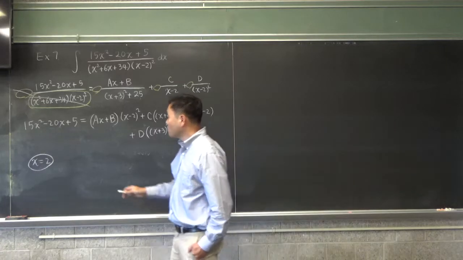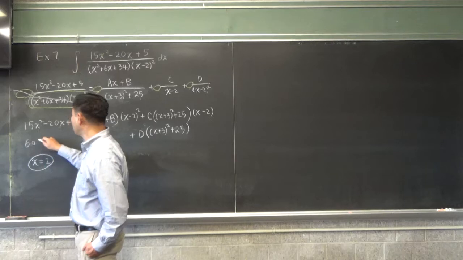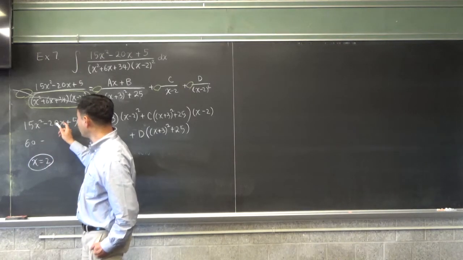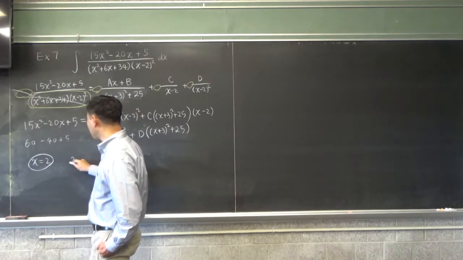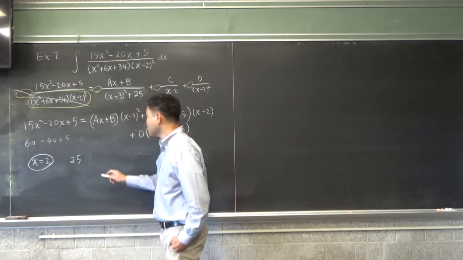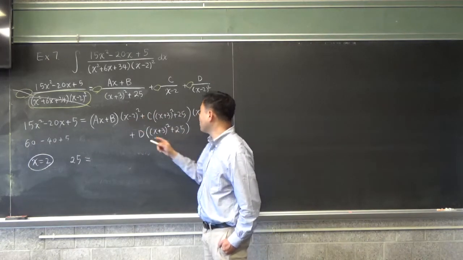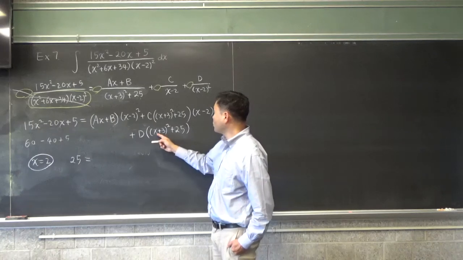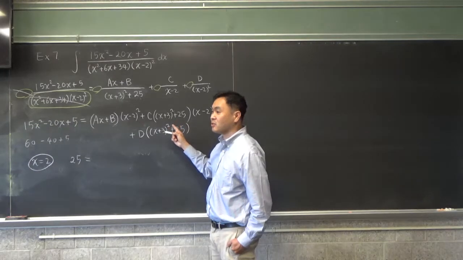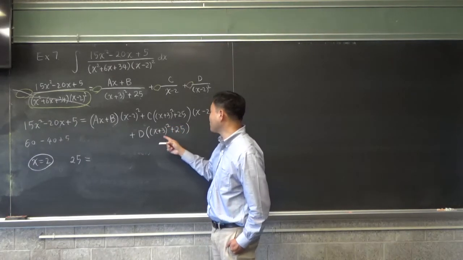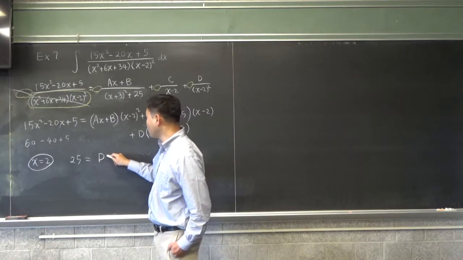We plug in 2: 2 squared is 4, 4 times 15 is 60, minus 2 times 20 is 40, plus 5, so it'll be 25 on this side. And when you plug in 2, this will be 0. 2 plus 3 is 5, squared is 25. 25 plus 25 will be 50. So you get D times 50.